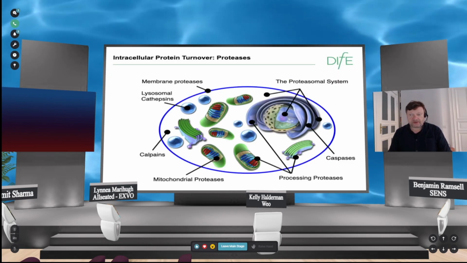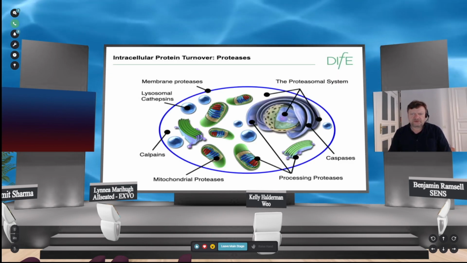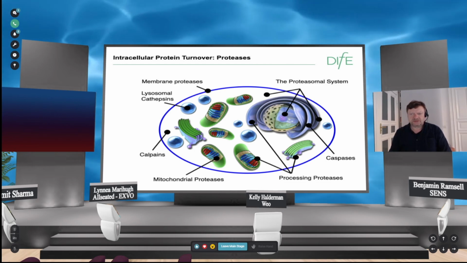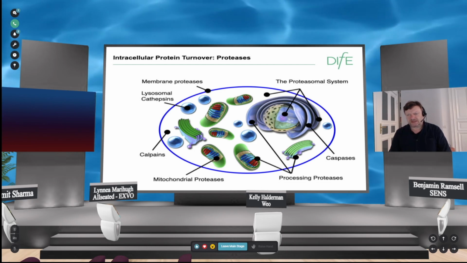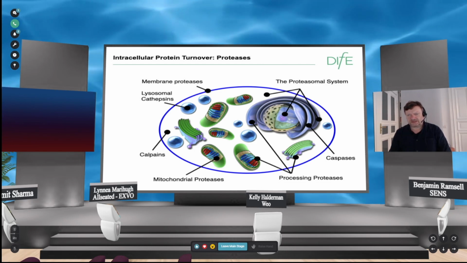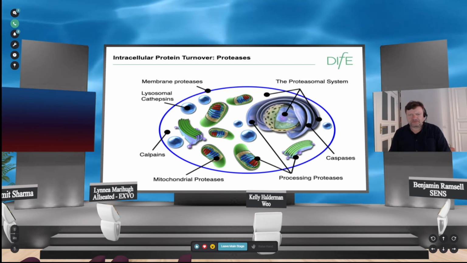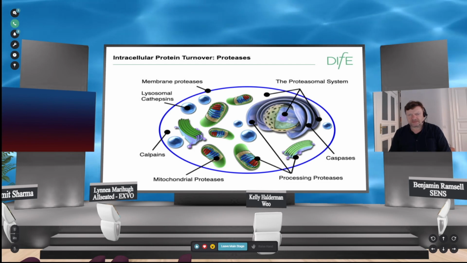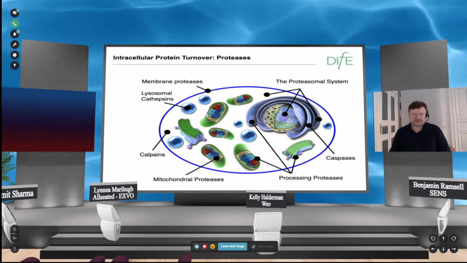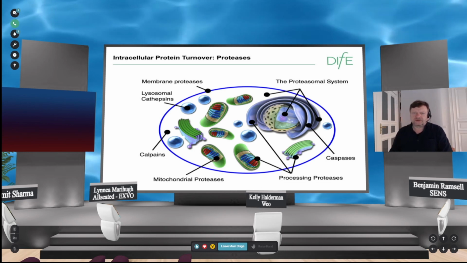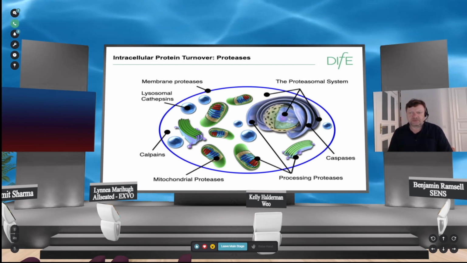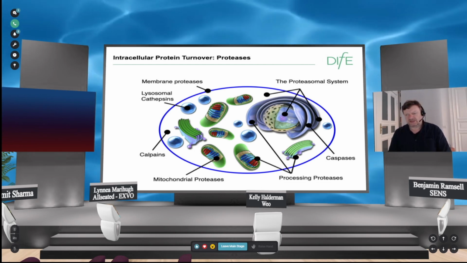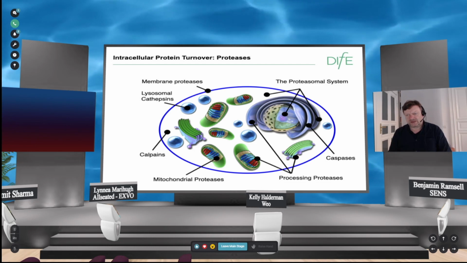But mammalian cells are full of different proteolytic systems. There is the proteasomal system, there are caspases, which are calcium-activated proteases, lots of different special proteases, and the lysosomal cathepsins, which are the second major proteolytic system. The proteasomal system and the lysosomal cathepsins are responsible for the degradation of the bulk of intracellular proteins.